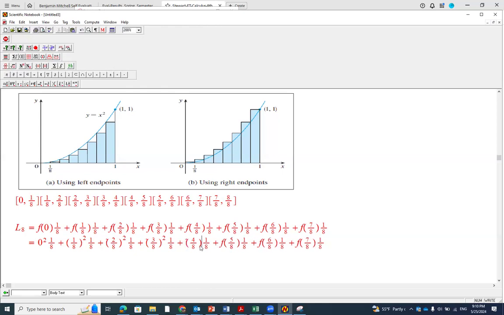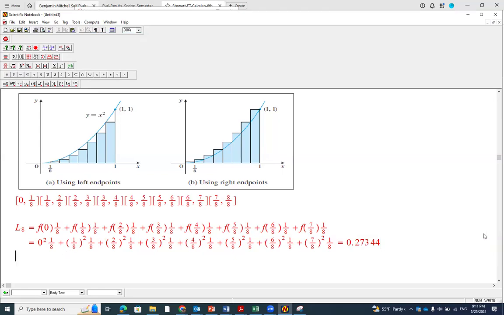And we are going to get a sum, with 5/8 squared, 6/8 squared, and the last one, 7/8 squared. Now, if we calculate, we get a numerical value.